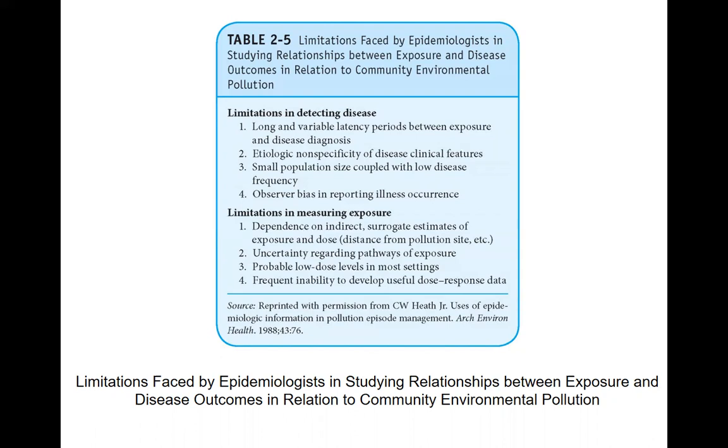Also, just the specificity of disease and being able to make that cause. A bias, of course, is going to be a pretty big limitation. And this is going to occur even in the design of studies and the implementation of them, and in the analysis and reporting as well.